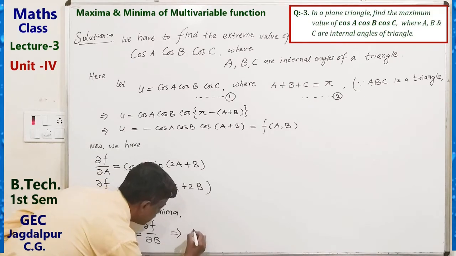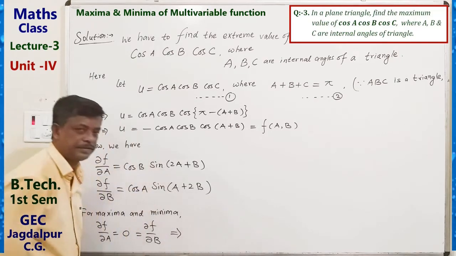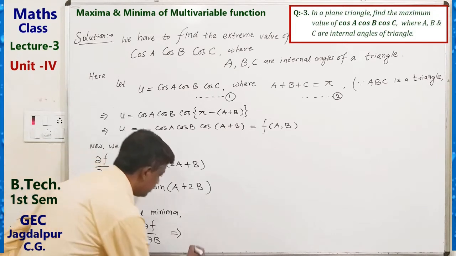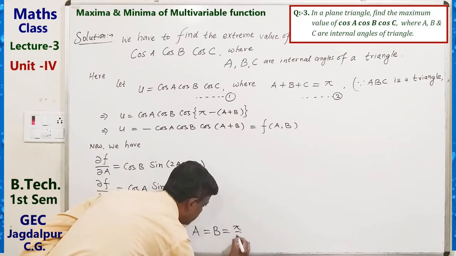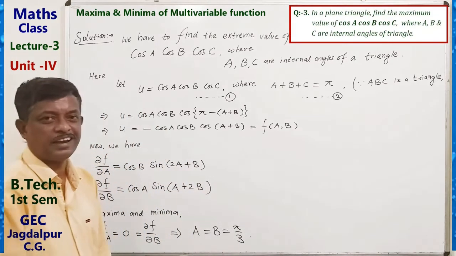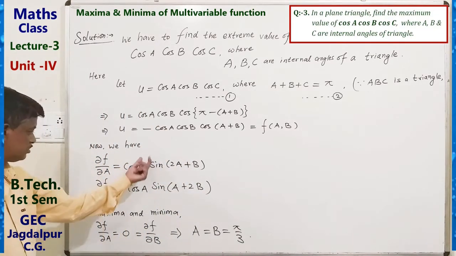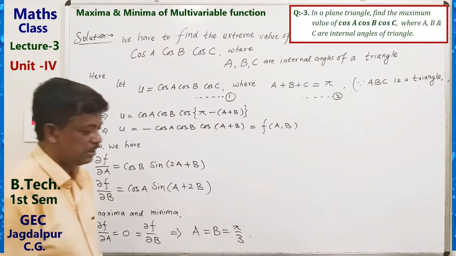This implies A equals B equals pi by 3. I am writing this directly here, where this is equal to 0 and this is equal to 0, you can solve it. How?